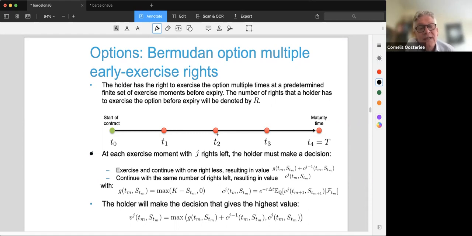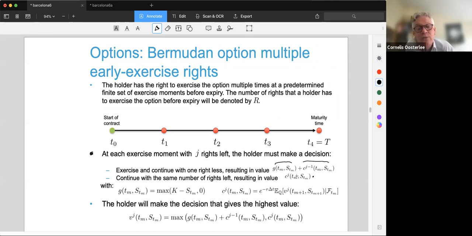At each exercise moment with J rights left, the holder must make a decision. Either you exercise and continue with 1 right less, which gives you the exercise value plus the continuation with J minus 1 rights. Or you continue with the same number of rights left, which gives you just the continuation with J rights.